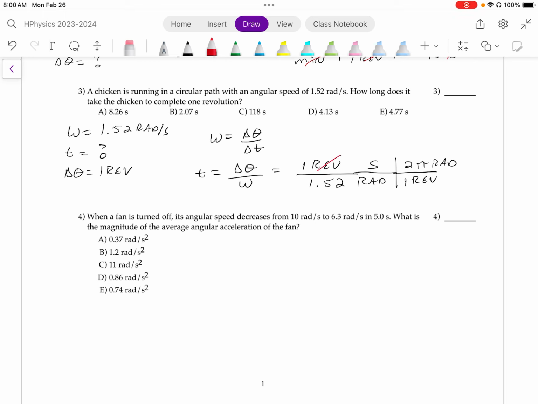And then I'll notice that revs cancel, radians now cancel. My only unit left is seconds. And if I plug that into my calculator, I get 4.13 seconds. The data was 3 sig figs that were given, so my answer will be in 3 sig figs, and I'll find that the answer is D.